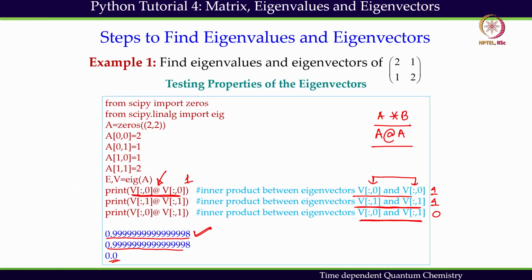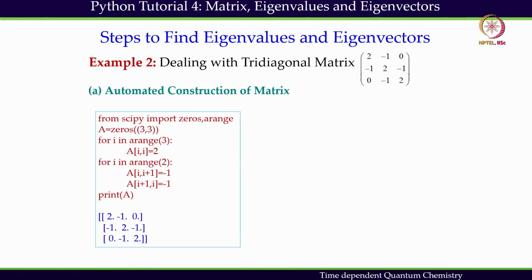So what we are getting is that the eig functionality is giving me orthonormal right eigenvectors corresponding to a particular eigenvalue. We have proved this one.